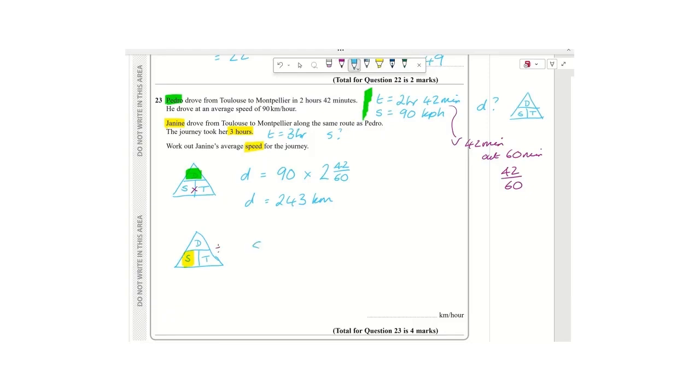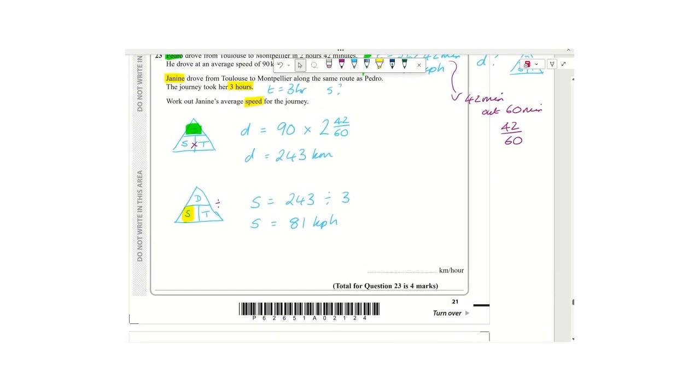So the speed is going to be 243 divided by, and her time was 3 hours, it tells us up there. So when we do that, we get 81 kilometers per hour. Okay, so this is a 4-mark question because you've got to do 2 parts. You've got to find some information from Pedro and then use that to answer the question about Janine.